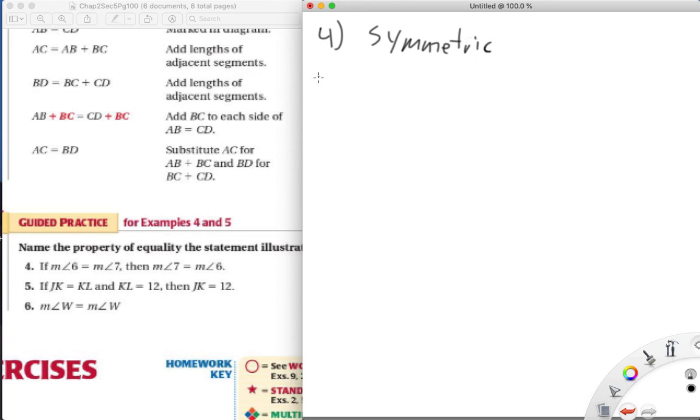And number 5 says J equals KL, JK equals KL, and K equals 12, and then JK equals 12. That's substitution. So if A equals B and A equals 12, then B equals 12. Since they're equal to each other, substitution.